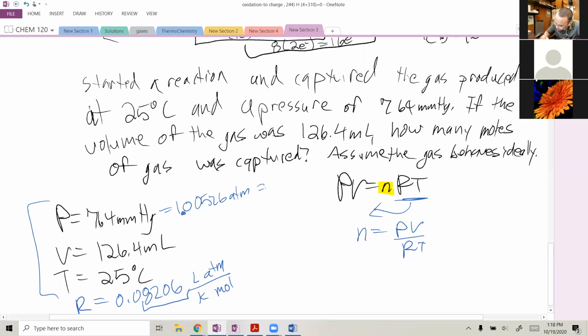Three. So 1.01 atmospheres. What should our volume be? Liters. And our temperature? Kelvins.